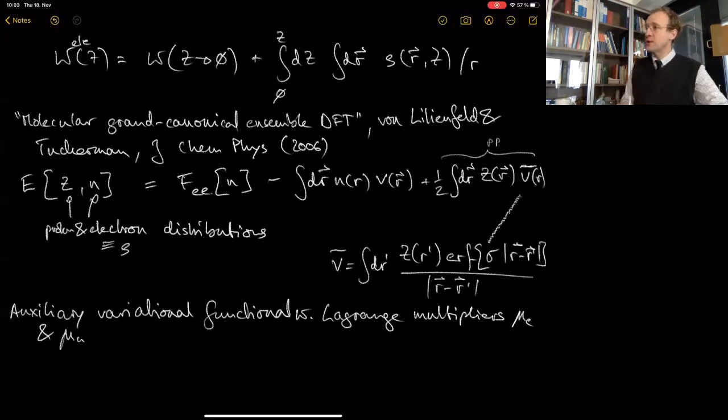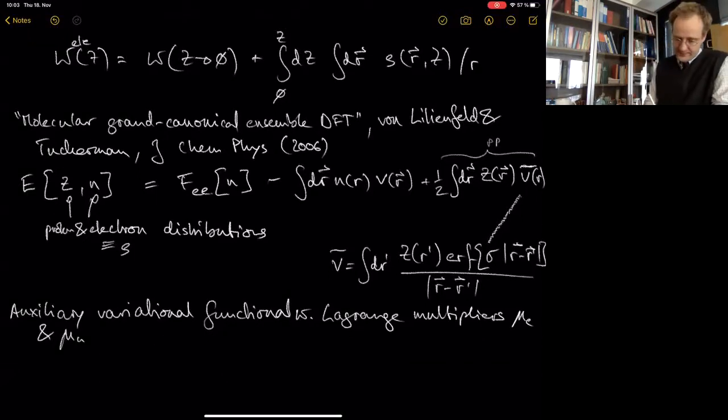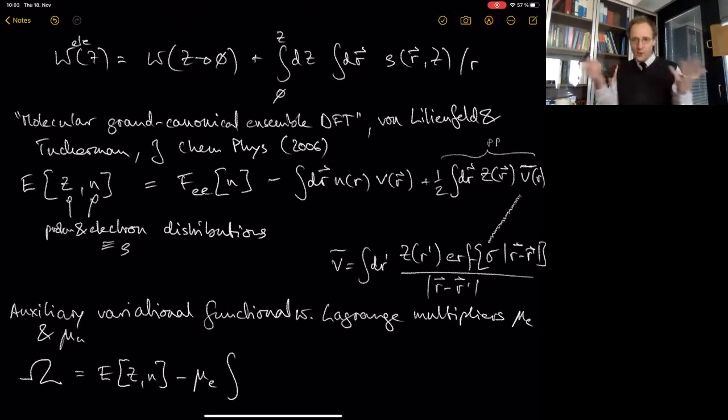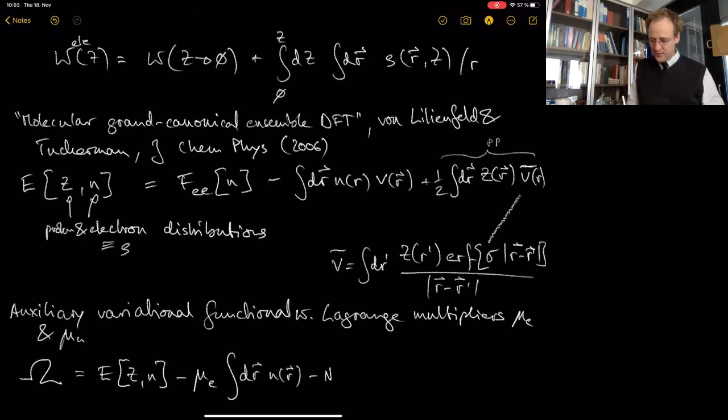So we call these Lagrange multipliers mu E and mu N. And let's call this variation a function of omega, and omega is our energy as usual. And now come your constraints, once for the electrons. And again, the electrons are global, so it's not spatially resolved. So you can simply impose that the electron density has to integrate to the number of electrons.